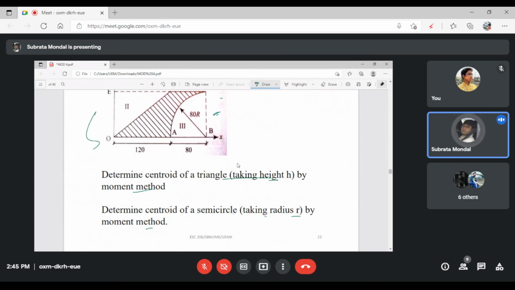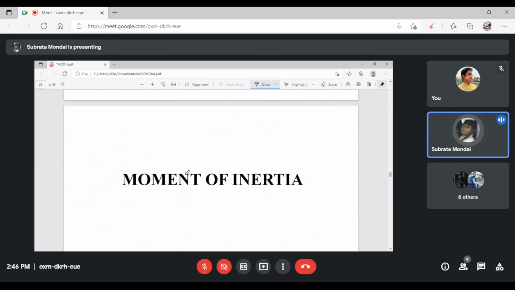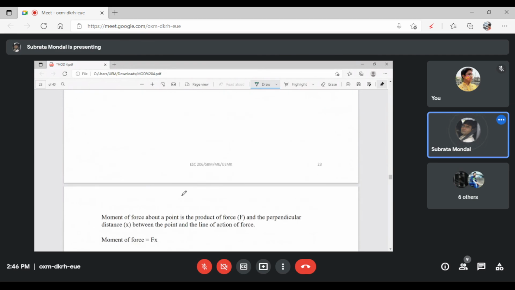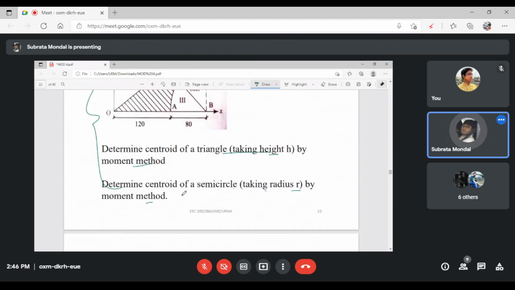So these three things you should try to solve yourself and by understanding, not just copy pasting, because I'll not check that. I'll be simply asking you. After that, I'll further move to the moment of inertia. The moment of inertia is a very interesting part.